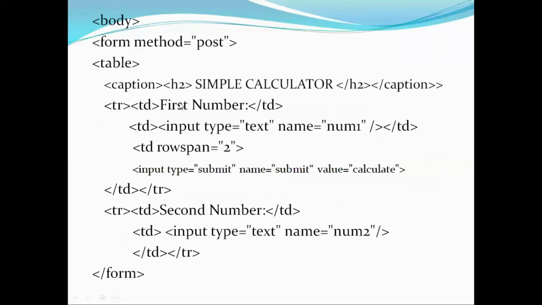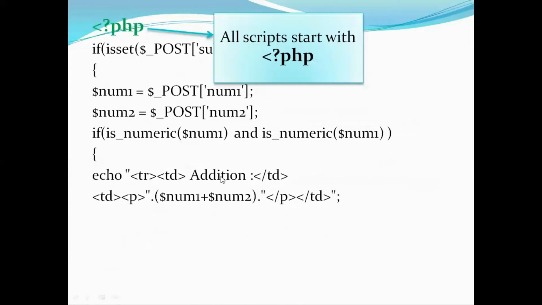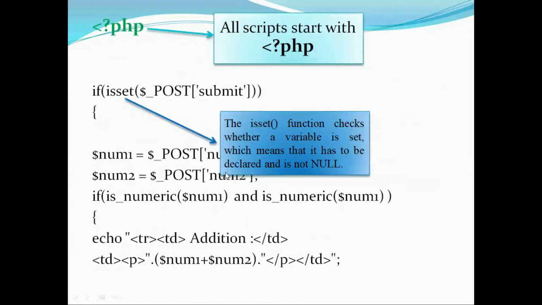In this form with method equal to post, we created two fields for fetching the value of number 1 as well as number 2. After that we are submitting. Once we submit, this function will check whether the variable is set or not by using $_POST.